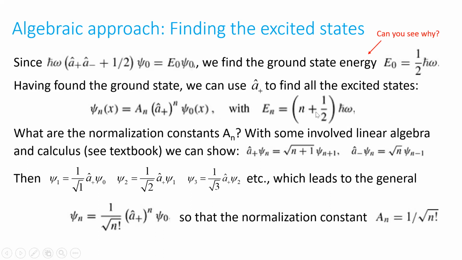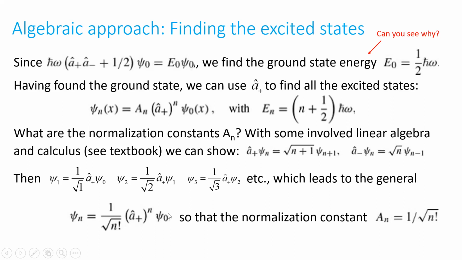We know the energies of the states, and we know the actual stationary state function for the ground state. In principle, we could use the raising operator to get any excited state we wanted using this formula here. It would involve multiplication and taking some derivatives of the ground state wave function.